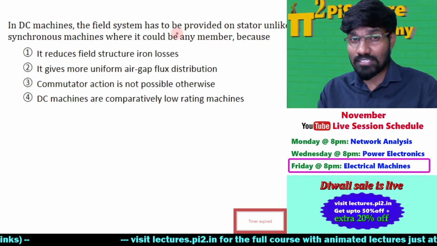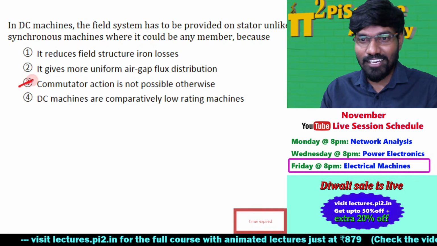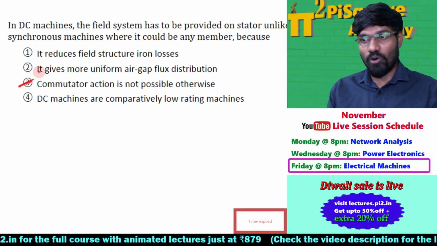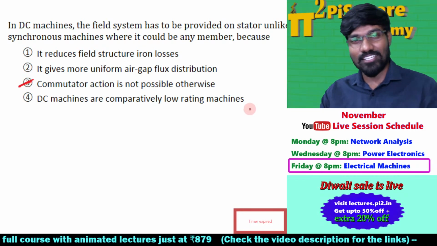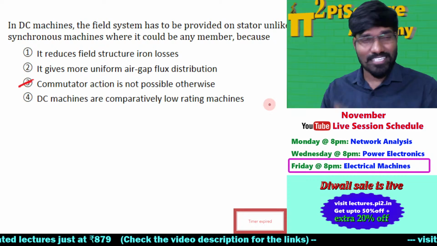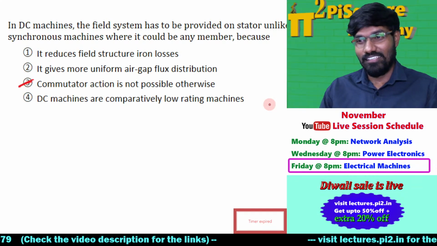If field is not on the stator, commutation is not possible. Answer is 3. How come you are saying Vignesh 2 is the answer? Whether it is on rotor or stator, the flux distribution will be just the same, because it depends on the air gap. So that's not the answer.